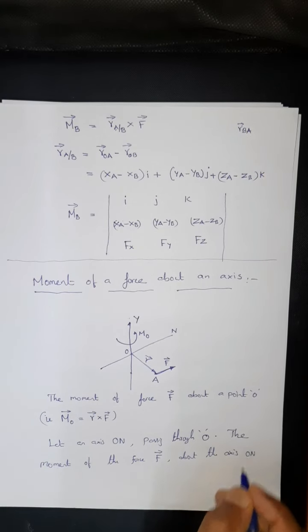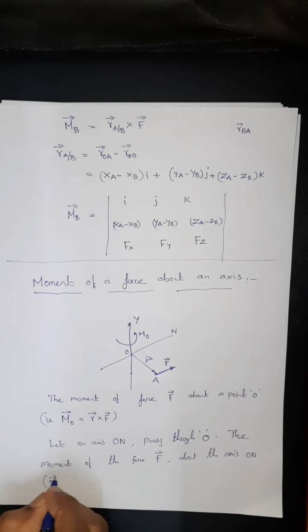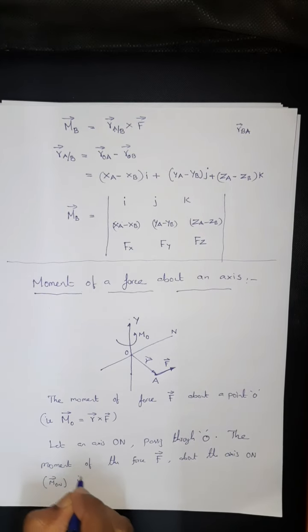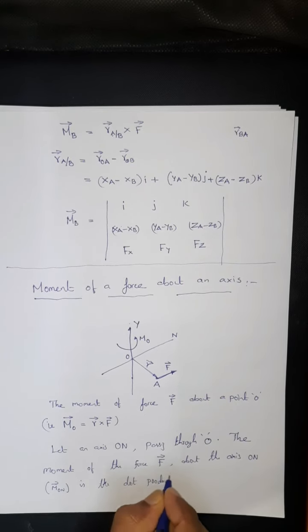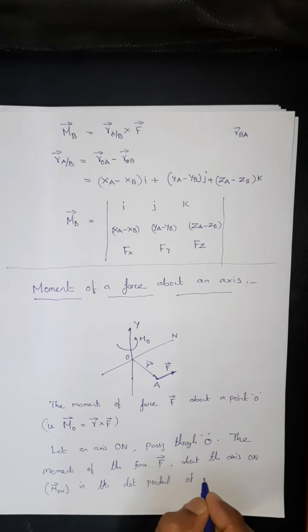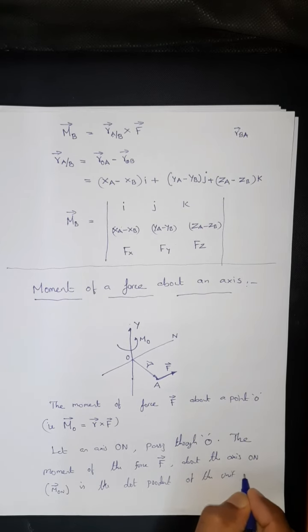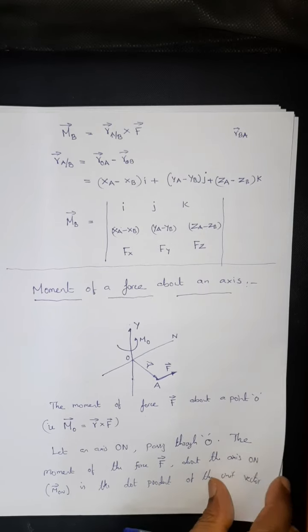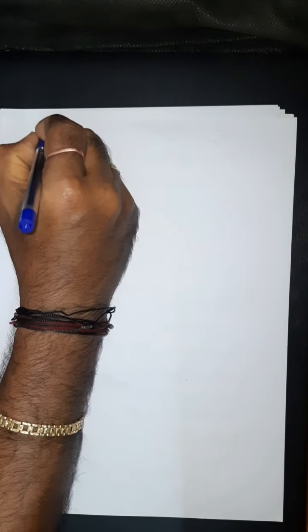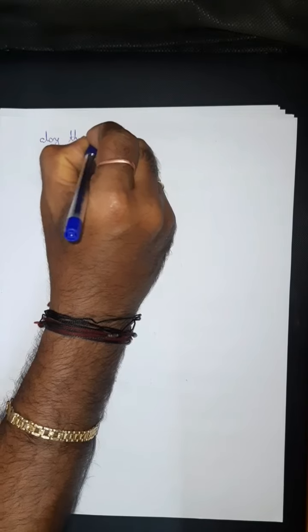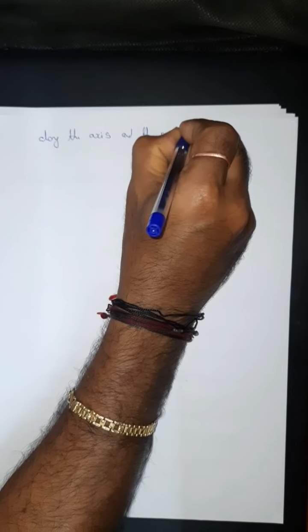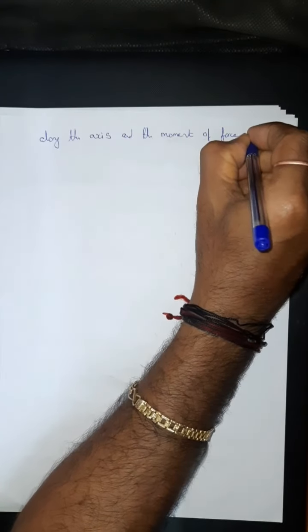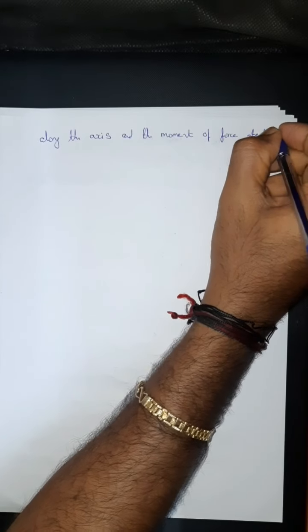So its moment can be written as the dot product, or the scalar product, of the unit vector along the axis and the moment of force about the origin O, right?